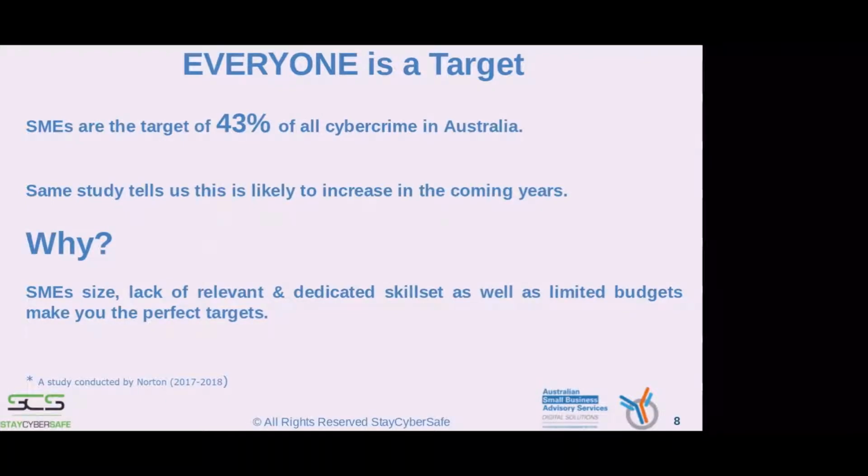And scammers look for these types of people who have access to a large amount of information and who are a bit naive when it comes to protecting themselves online, and they will target those people. And because SMEs have quite a limited budget when it comes to cybersecurity, and also because of the limited budgets, they don't have the required, dedicated skill set when it comes to cybersecurity. They are perfect targets for scammers, for social engineers.